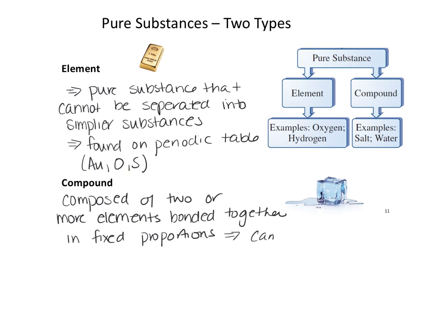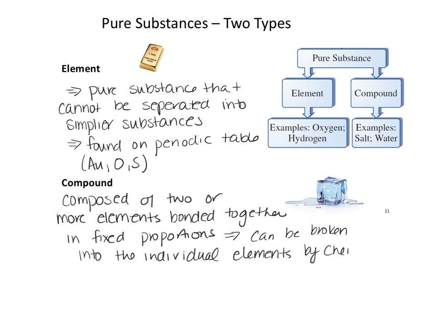They can be broken into the individual elements by chemical reactions. So an example here would be water. Water is H2O, right? It's composed of two or more elements. They are bonded together. We can run electricity through water and break it apart into hydrogen gas and oxygen gas. Water is a compound.